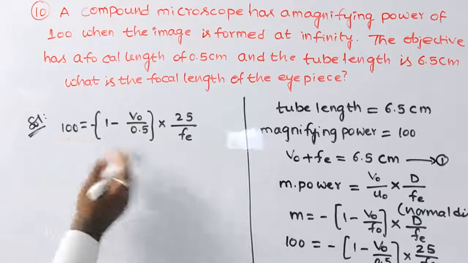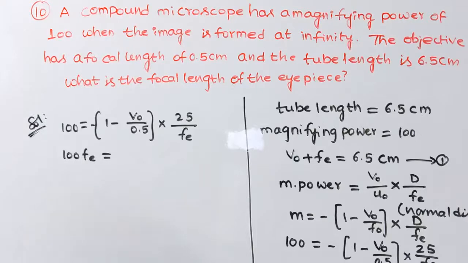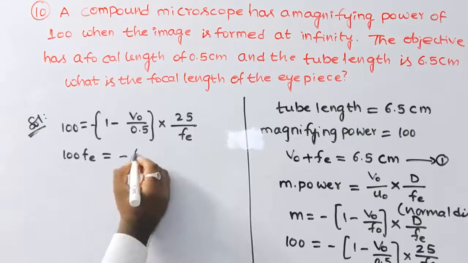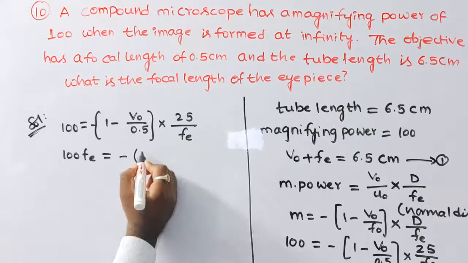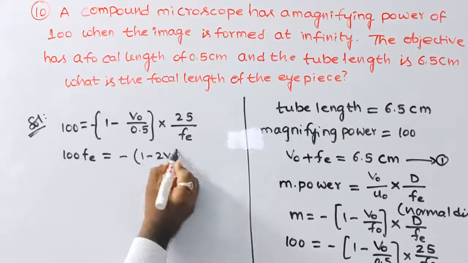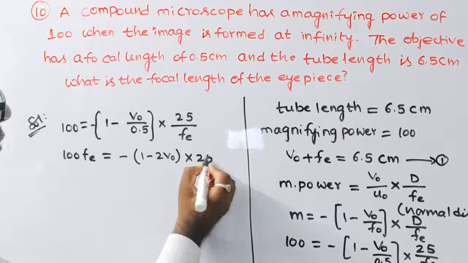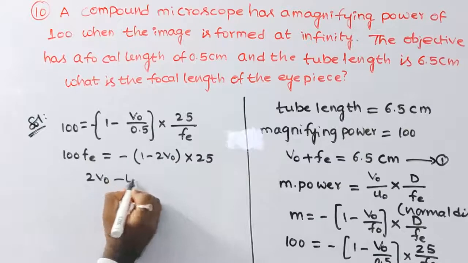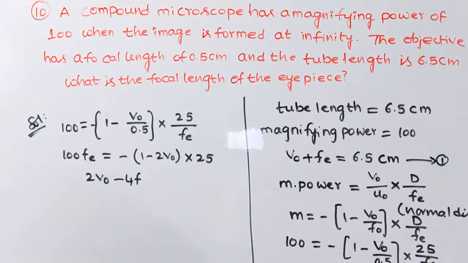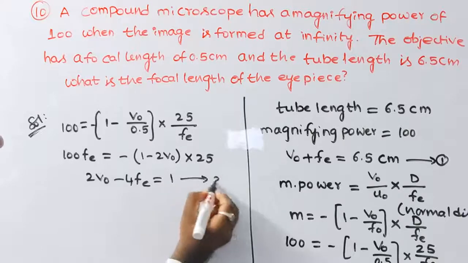Okay, the cross multiplication: 100 FE is equal to minus of 1 minus 2 V naught into 25. This gives 2 V naught minus 4 FE is equal to 1. This is equation number 2.